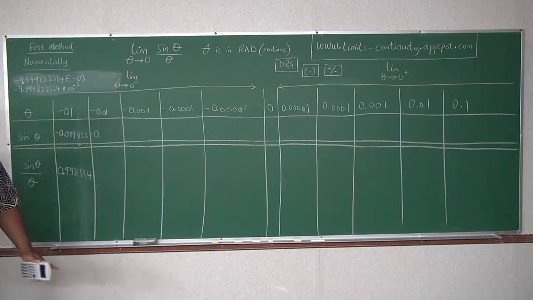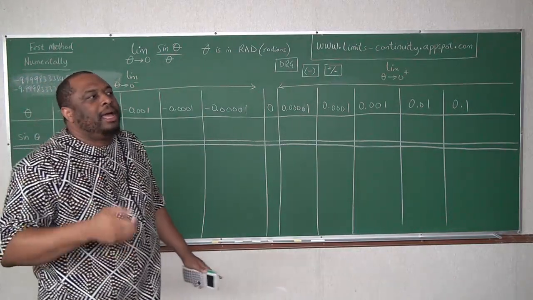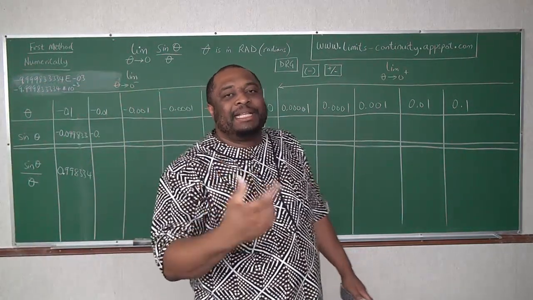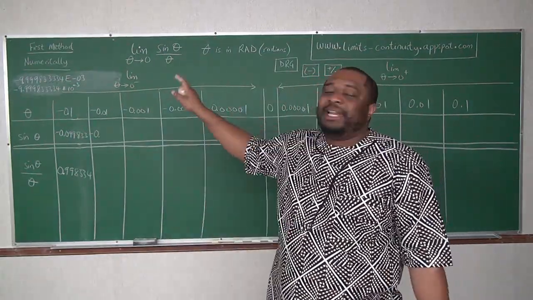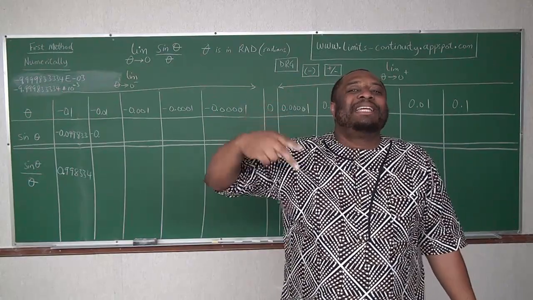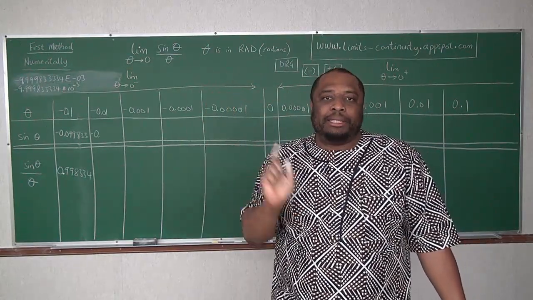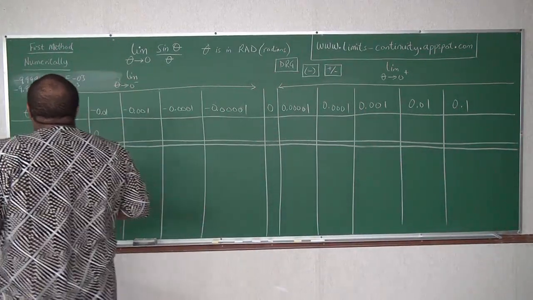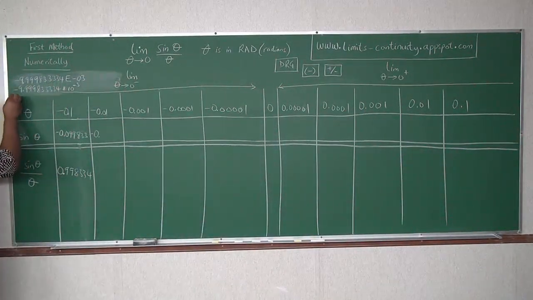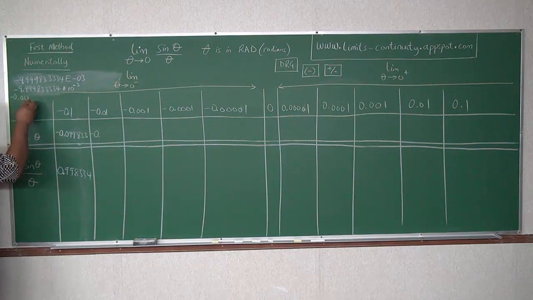The exponential times 10, whereby the base is base 10. 10 to the exponent negative 3 is 0.001. That's what it means. So this is actually negative 0.009998333.